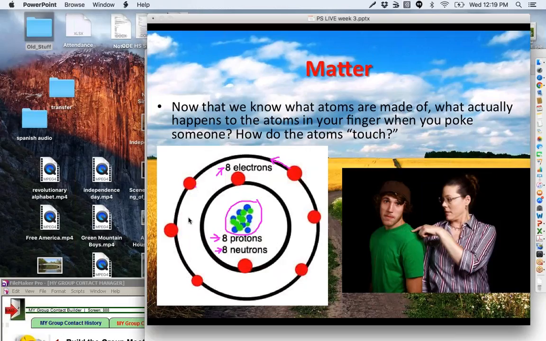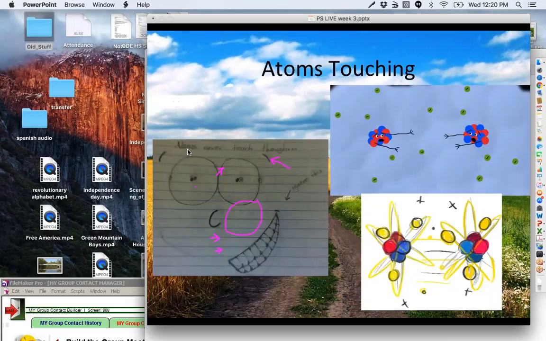Because what's really happening is not that my fingers are touching here, but the electrons, which are negatively charged, flitting around all the atoms in this finger, and the electrons flitting around on all the atoms on this finger, get close but deflect each other. And it feels like they're touching, but really they're just deforming my skin on both sides and causing electrostatic repulsion to keep them apart. So perhaps nothing really ever touches at all.